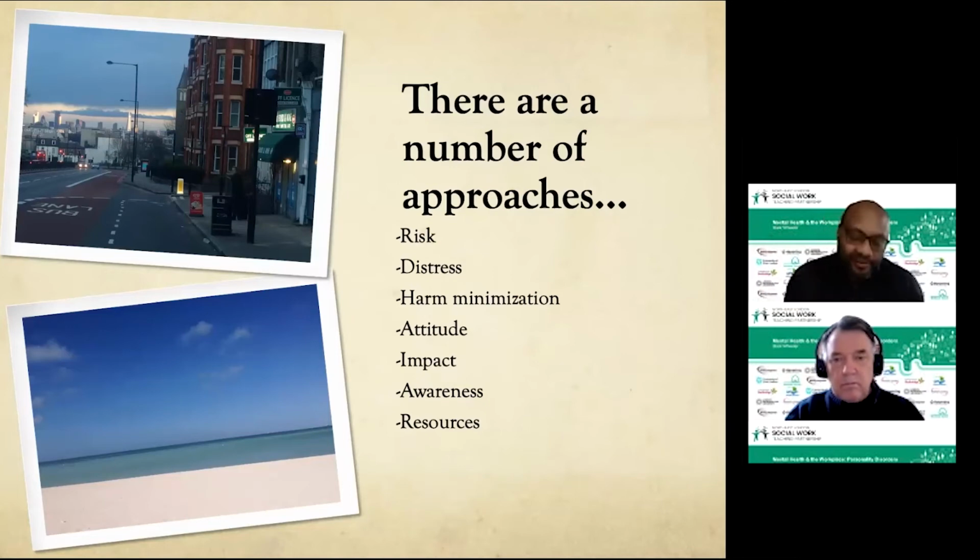So one of the ways of coping with this is risk reduction, managing risk, being aware of the risks. It can also be looking at relieving distress, harm minimization, addressing attitudes, which is the cognitive aspect, trying to reduce the impact of what occurs for people, the self-awareness and awareness of what's going on. This links back to self-awareness, and looking at the resources that are available to help someone get what they need.